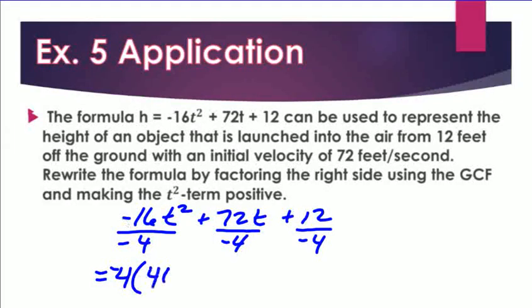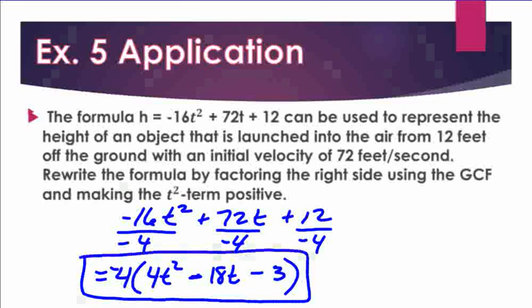I got 4t squared plus 72 divided by 4 is 18, 18t. And actually this would be a negative, because a positive divided by a negative is a negative, minus 3. And since I can't take any other number out of 4, 18, and 3, this would be my answer here.